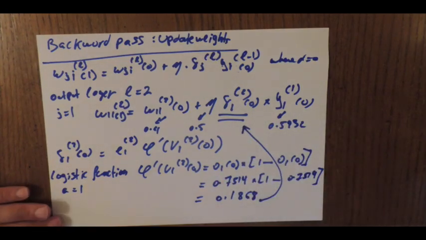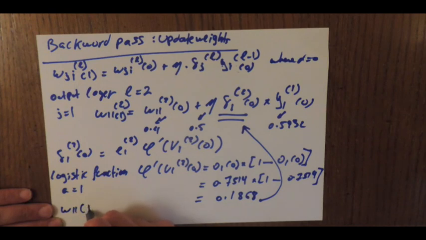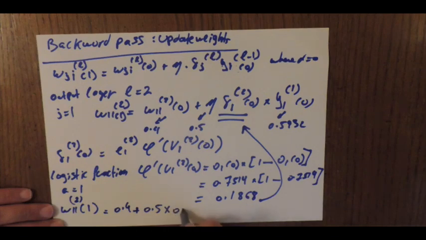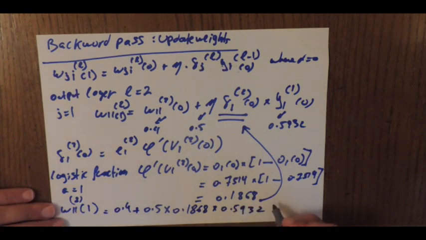Now we plug this value here and we'll get w11 of 2 of 1, this is the next weight, equal to 0.4 plus 0.5 times 0.1868 times 0.5932, which will be equal to 0.35891.